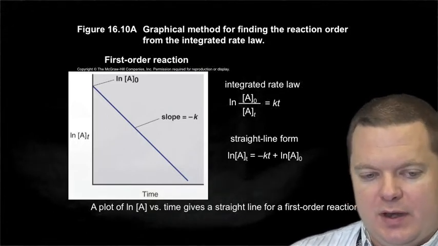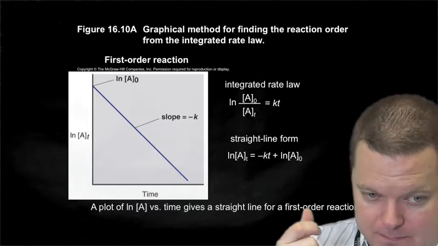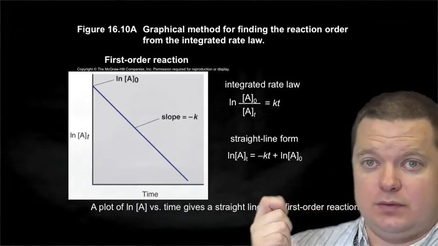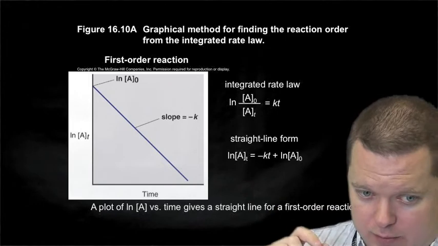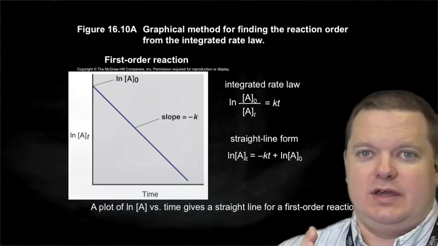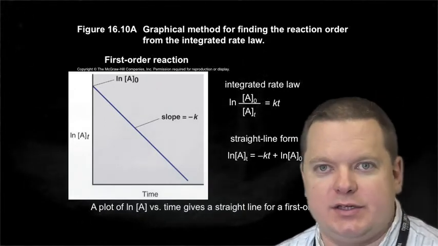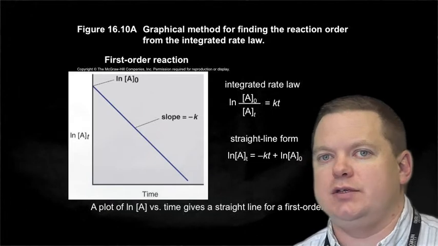If we graph the natural log of our concentration versus time, we would see that the slope of this line is going to be negative k, and the y-intercept is going to be the natural log of our initial concentration.